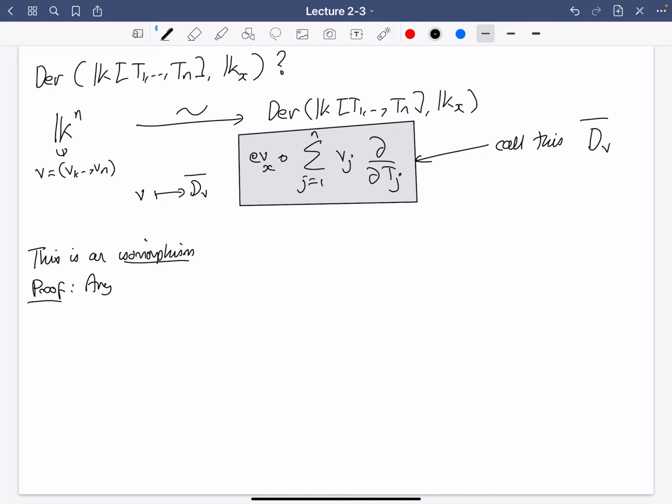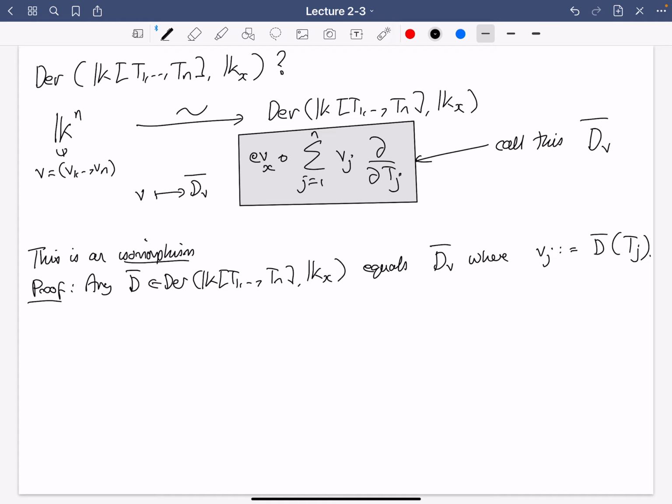Any point derivation for the point x is equal to dv bar, where v is the point defined by setting vj to be whatever the point derivation does to tj.